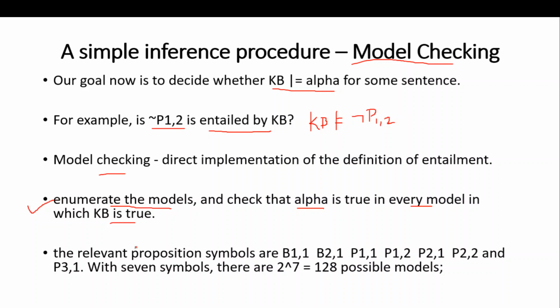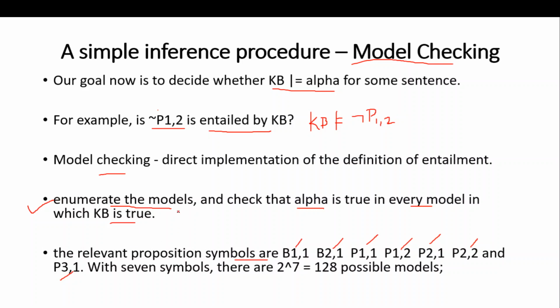Let us try to understand this with an example. Now we want to find whether not P1,2 is entailed by KB or not. Let us take these symbols alone, assuming they are the ones relevant to not P1,2: B1,1, B2,1, P1,1, P1,2, P2,1, P2,2, and P3,1.